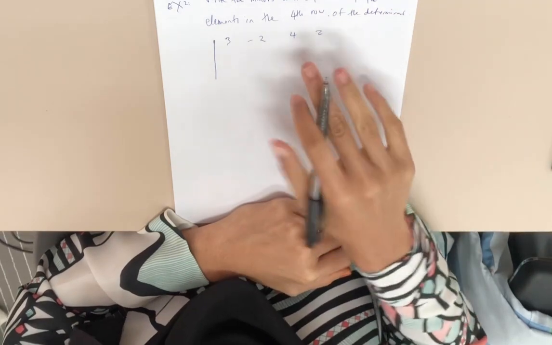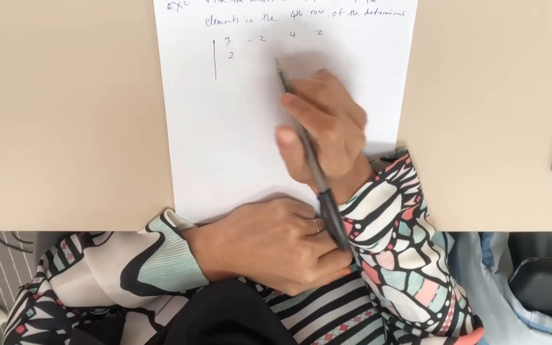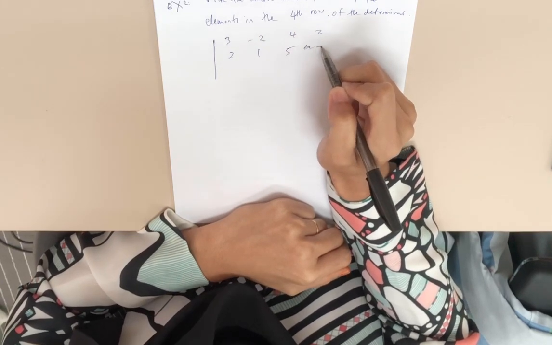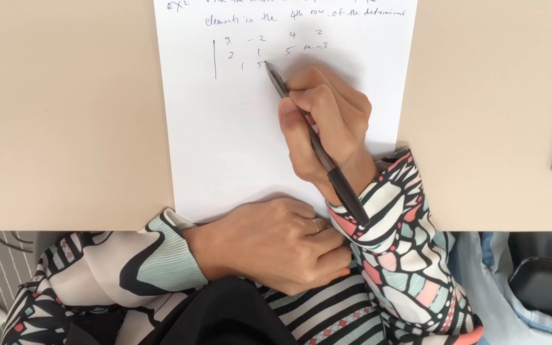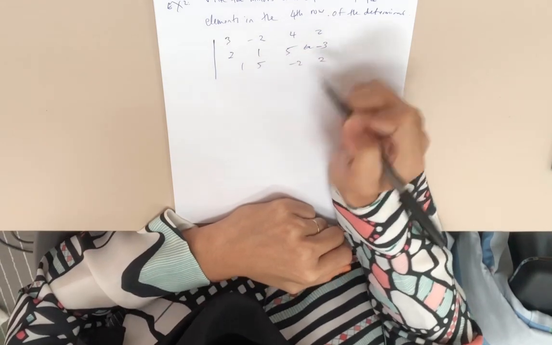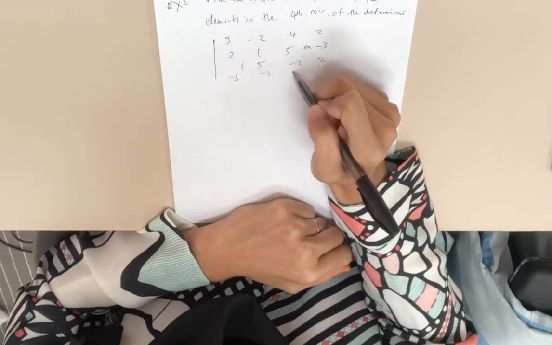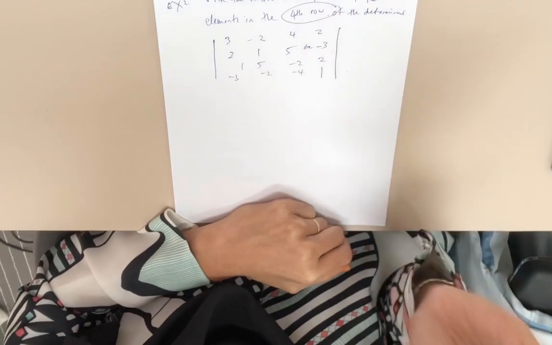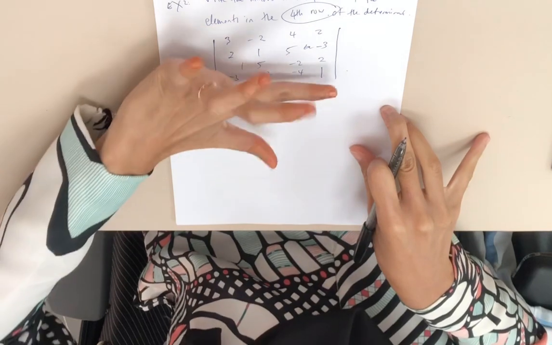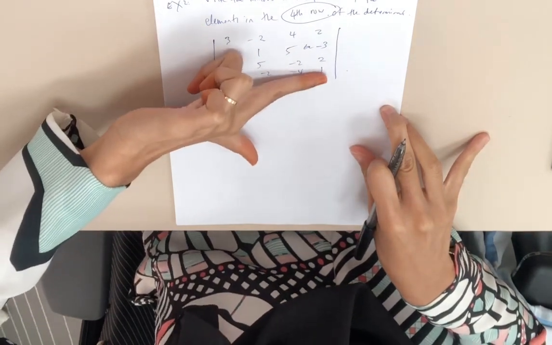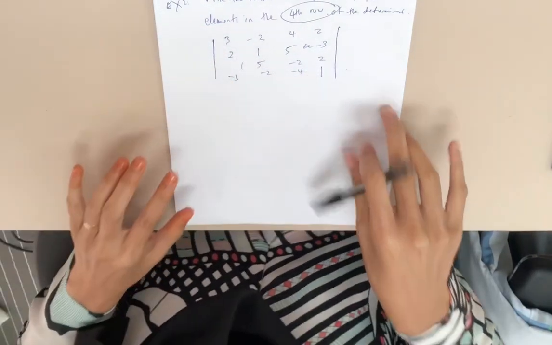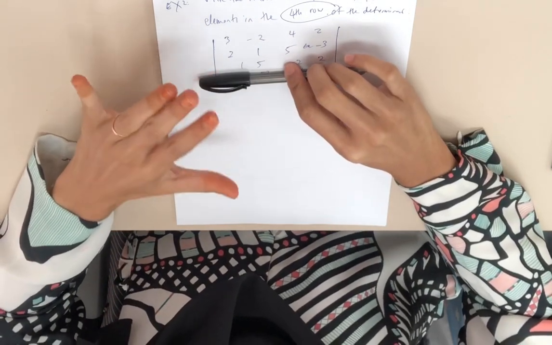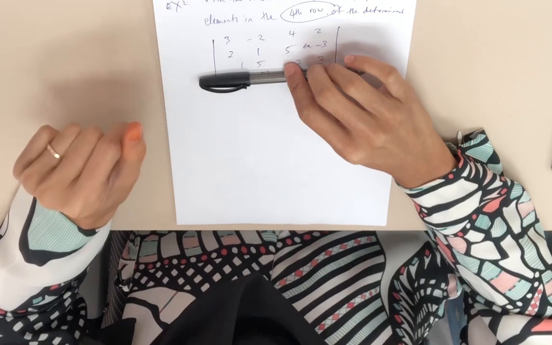This is the determinant that you need to calculate the minor and also the cofactor of: negative 3, 1, 5, negative 2, 2, negative 3, negative 2, negative 4, and 1. It says the fourth row. Where is the fourth row? This one. You need to close the column, but it's not specifically mentioned which column.